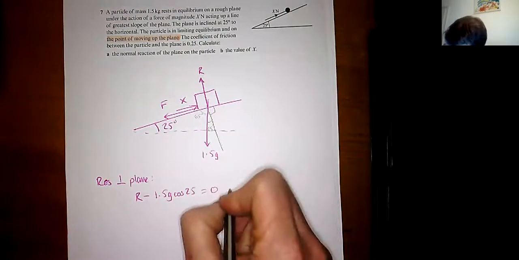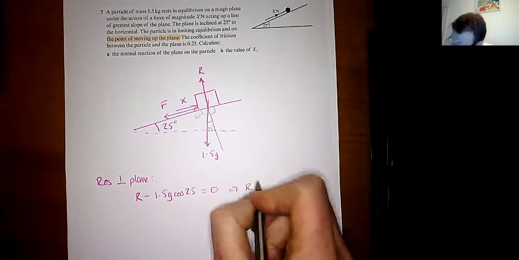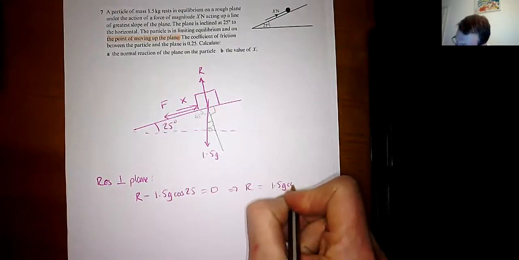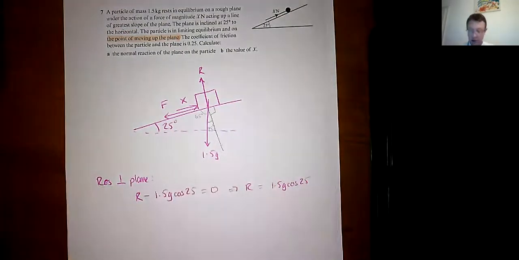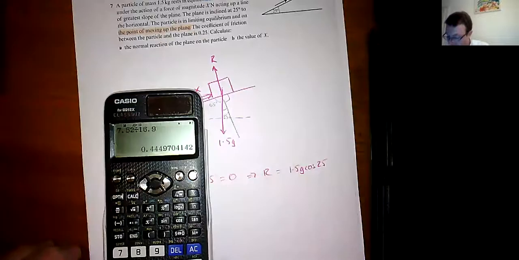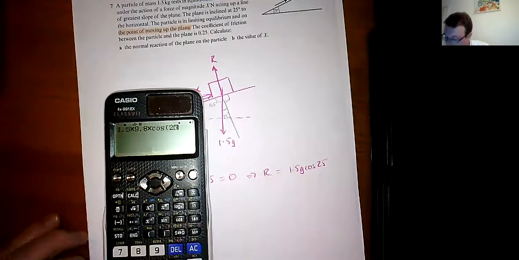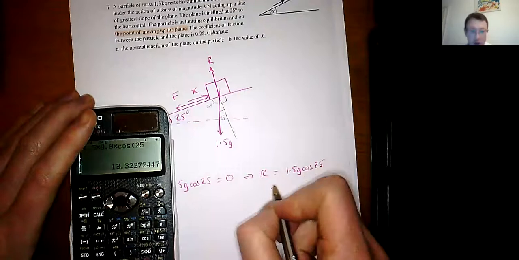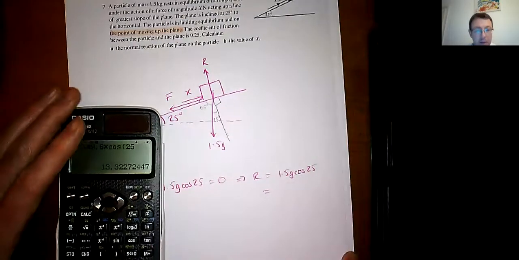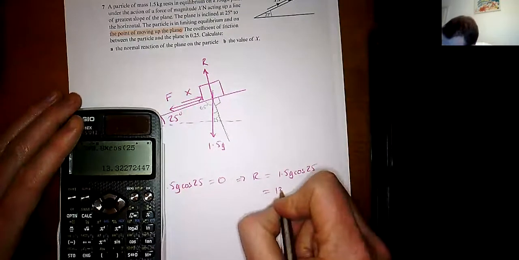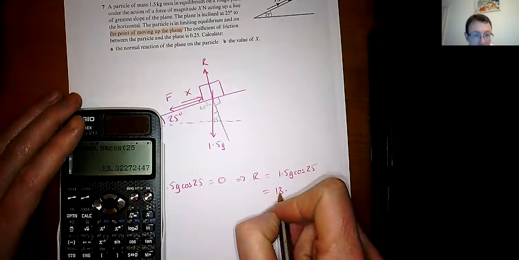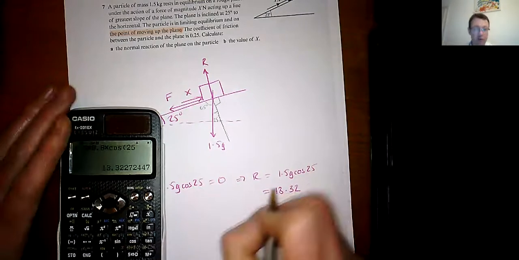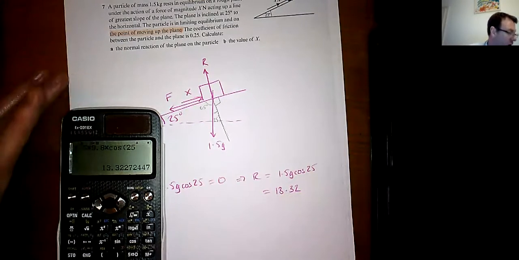So therefore, R equals, I can work that out straight away. R equals 1.5 g cos 25. Let's work it out then. So 1.5 times 9.8 times cos 25. There we go. 13.32. I'm going to four there, so I can round confidently to 2 or 3 later.